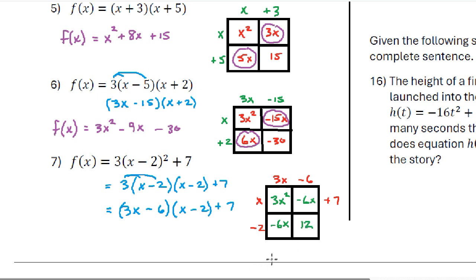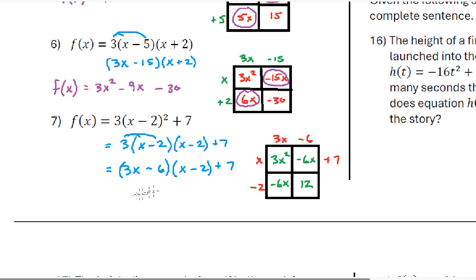Notice, class, again, we're not adding 12 to this equation. We're just rewriting these two binomials into a standard form quadratic. So you don't have to subtract 12 on the outside because you're not adding it. It's part of our equation already. So here comes our final form. We're going to write this in two different steps. First, I'm going to scroll this down a little bit for you.